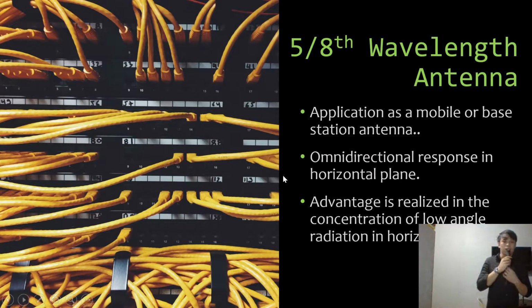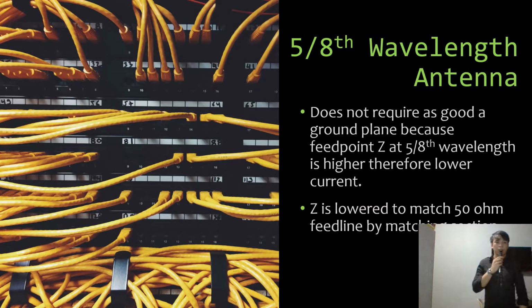So, 5/8 wavelength antenna. Application as a mobile or base station antenna. It also has an omnidirectional response in the horizontal plane. The advantage is realized in the concentration of low angle radiation in the horizontal direction.